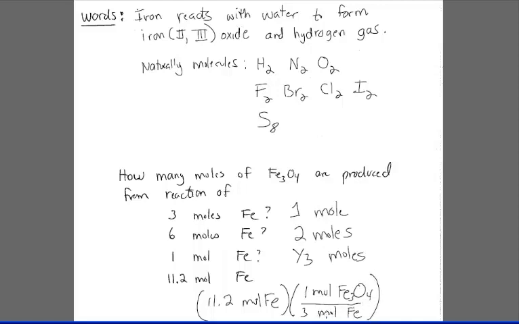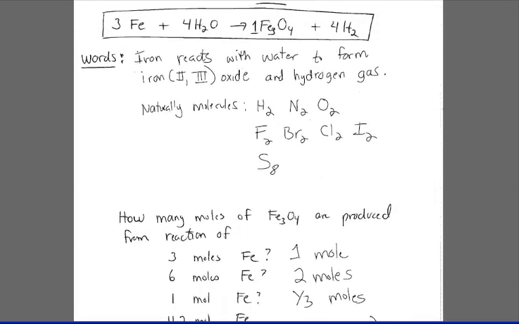That way your moles of iron will cancel, and you'll end up with moles of your product, 3.73 moles of iron 2,3 oxide. Okay, so that is the process. You multiply by the mole ratio: number of moles of what you want, divided by what you already have.